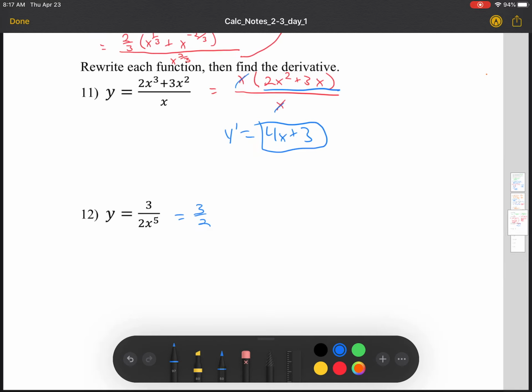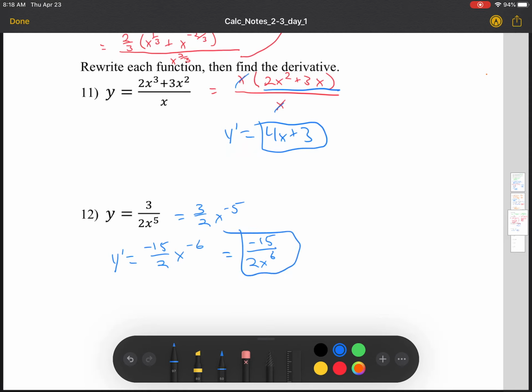Save yourself some time. You can pull that 3/2 out, right? So this is just like 3/2. And then get rid of your 1 over x to the 5th, the same thing as x to the negative 5th. So now when you take the derivative, your y prime is just going to equal negative 15/2 x to the negative 6.